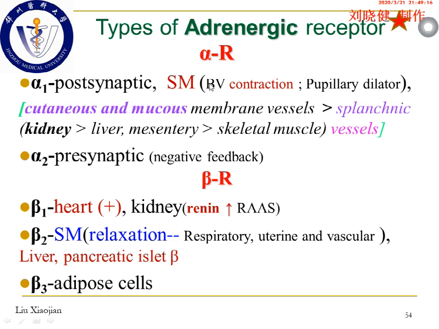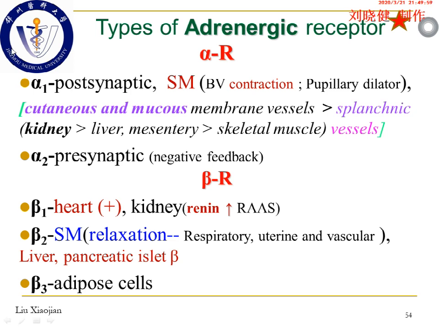In the body, there are many different tissues and organs. The blood vessels contain different densities of alpha-1 receptor. Once alpha-1 is activated by an agonist, because of the different density of distribution of alpha-1 receptors in different tissues, the blood vessel contractions are also different.